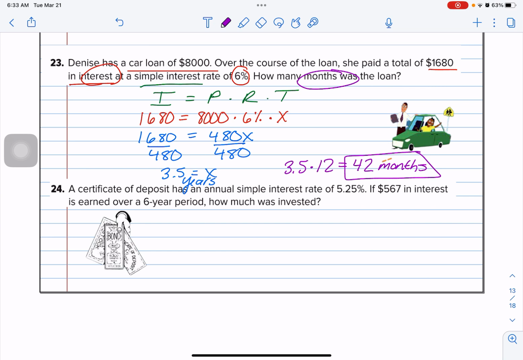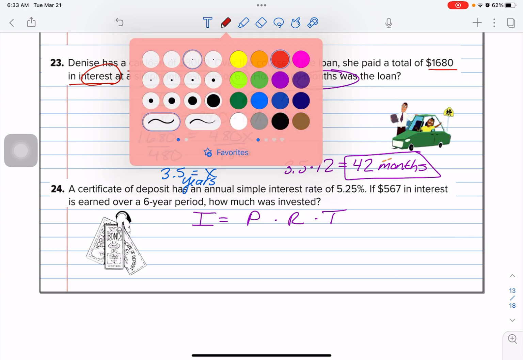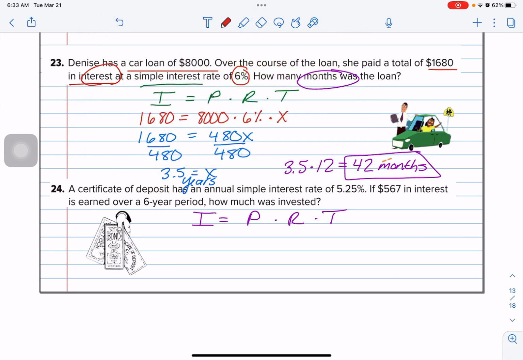All right, let's look at question 24. It says, a certificate of deposit has an annual simple interest rate of 5.25%. If 567 in interest is earned over a 6-year period, how much was invested? So again, we're going to start with our formula, I equals P times R times T. And what I want to do is fill in each of the numbers that I know.